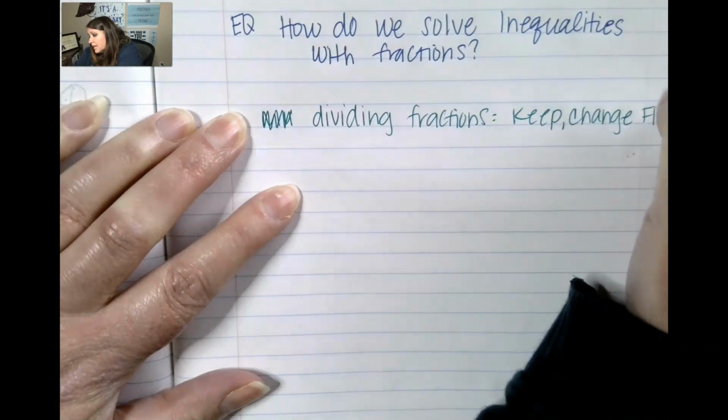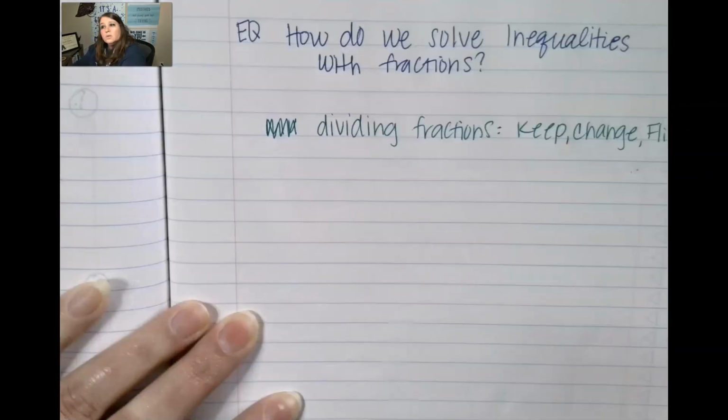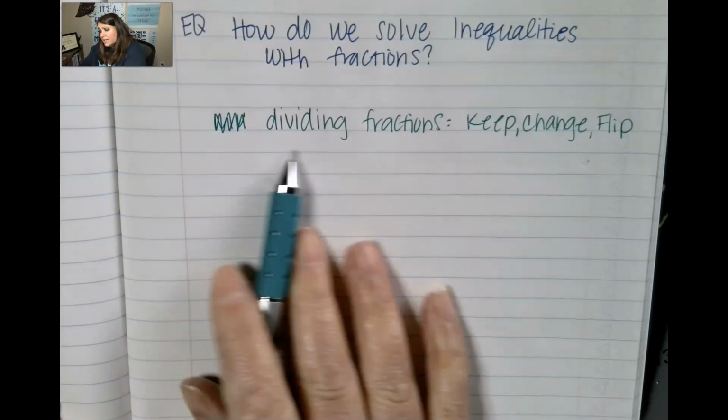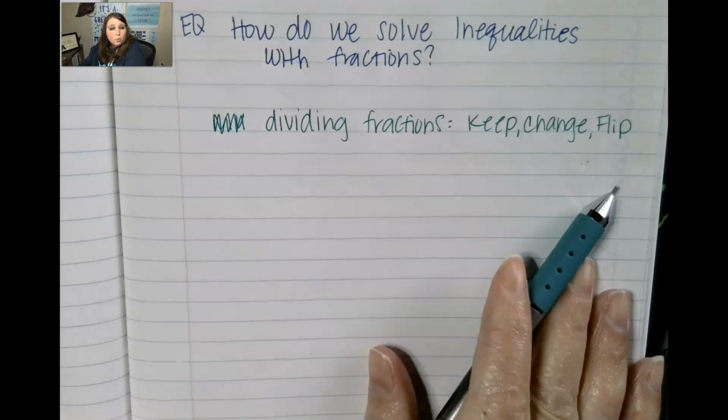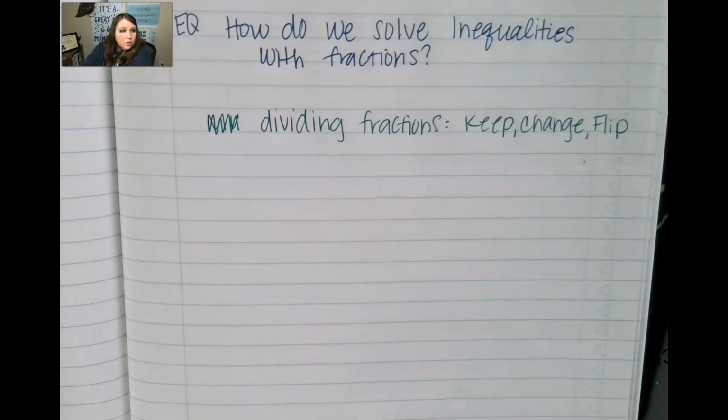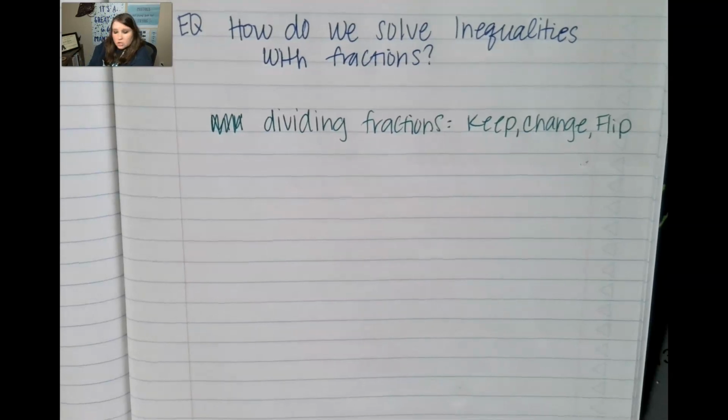So in today's lesson, everything we do will be using keep, change, flip so that we can divide those fractions out. We're going to isolate the variable just like normal, and we will be using keep, change, flip.